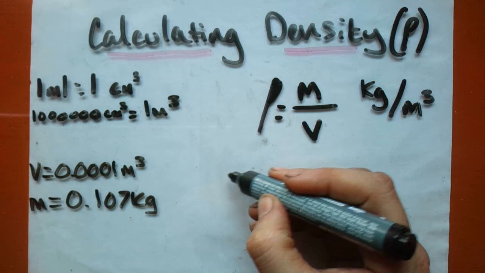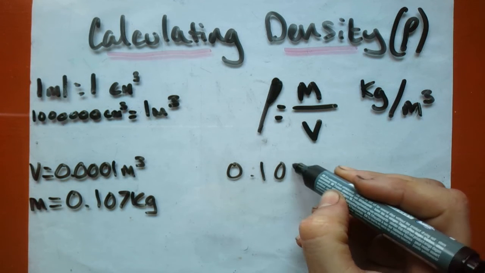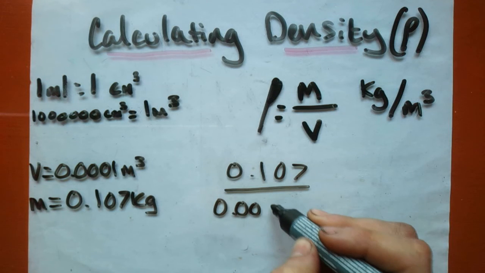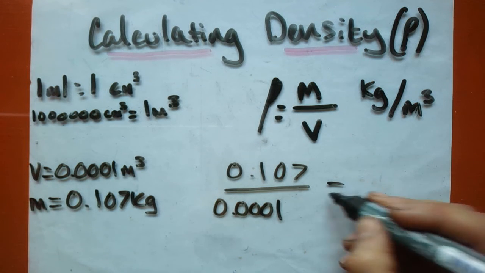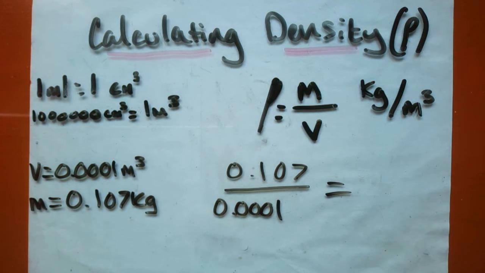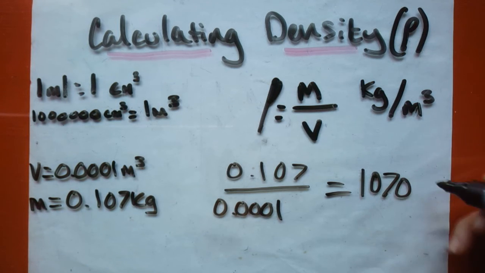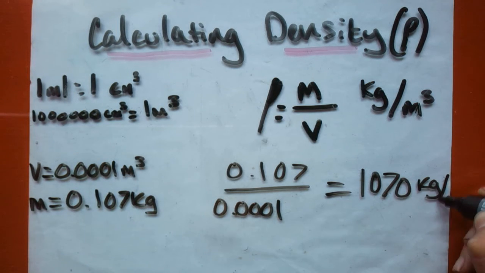So what we need to do is 0.107 divided by 0.0001, and that will give us our density. This gives us an answer of 1,070 kilograms per meter cubed. And that is our density.